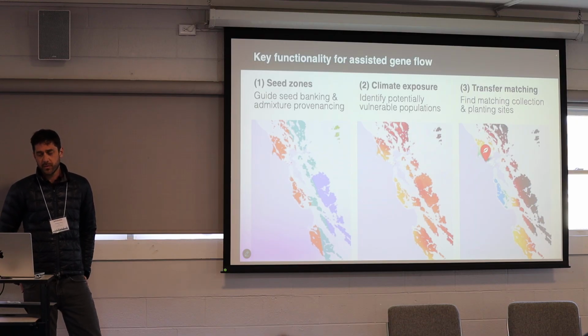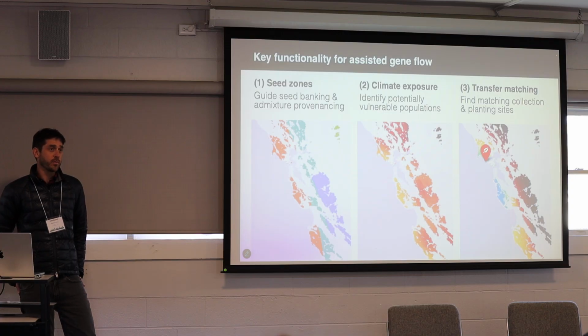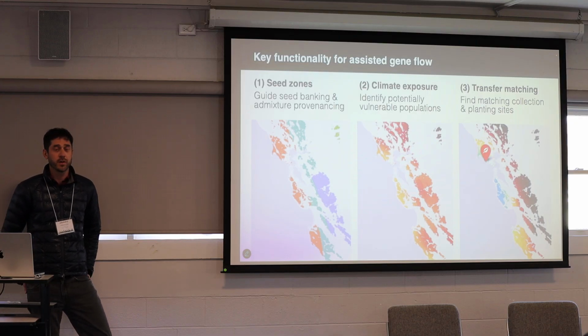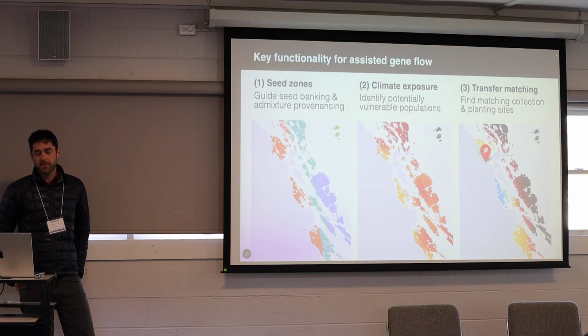Another function helps to estimate climate change exposure to try and identify which populations across the species range may be most vulnerable and most in need of different interventions, including assisted gene flow. And finally, you can use the tool to match historic and future environments across populations to guide assisted gene flow efforts.